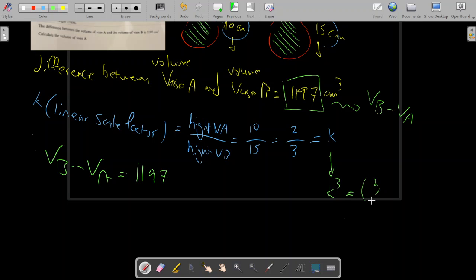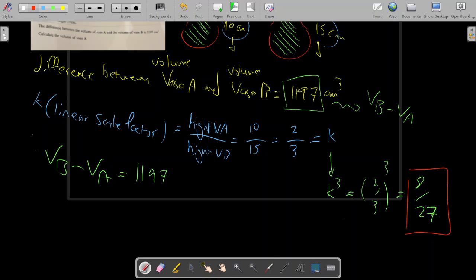So 2 over 3 to the power of 3 is going to be equal to 8 over 27. So this is going to be my K cube, 8 over 27.